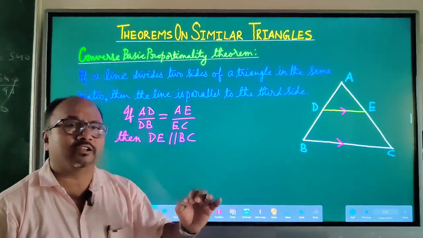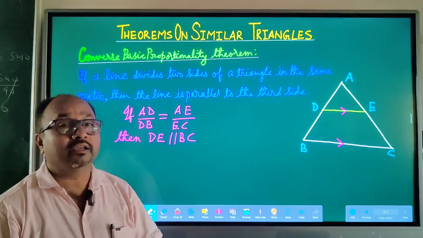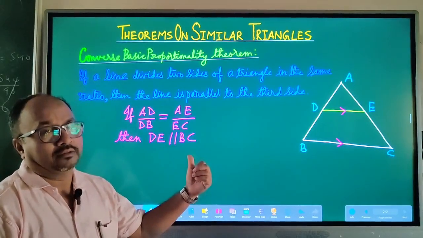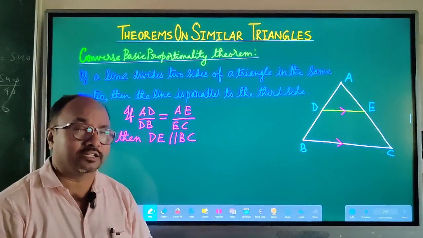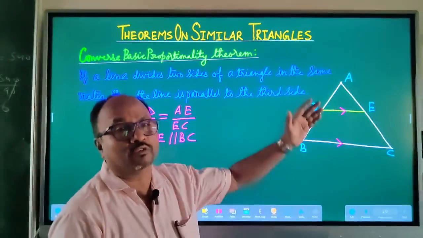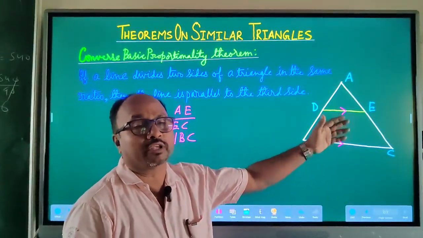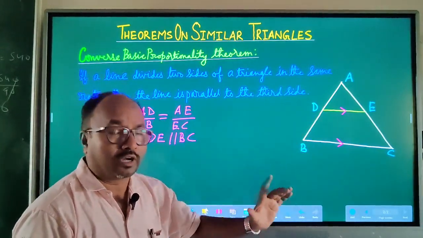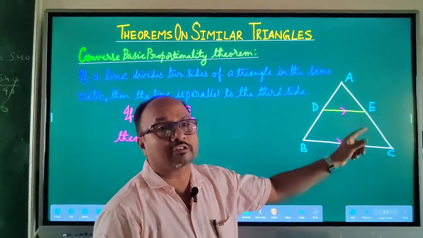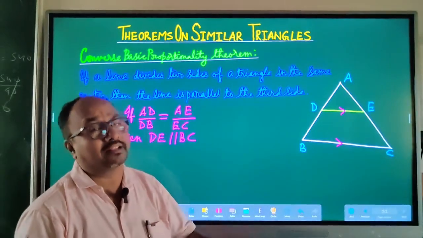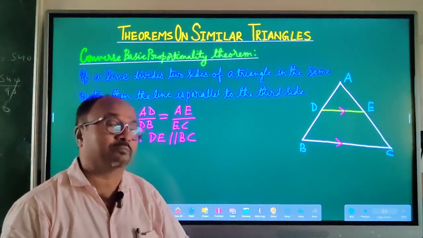You will know that you will be required to use it if you are asked to prove two lines parallel. And how will you get the side ratios equal? You will be provided with values of the sides over here, and you have to show that AD by DB, whatever value comes, the same value comes for AE by EC. The ratio pattern, like in the previous one, we took some other pattern.